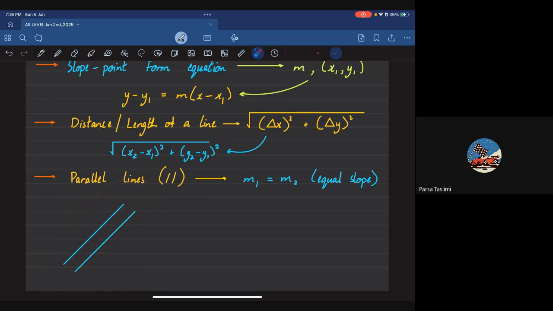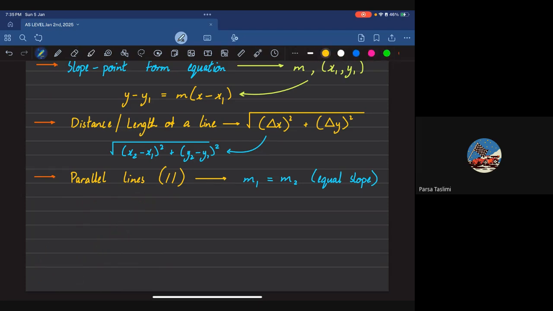Because they have the same slope, regardless of where they are, regardless of the fact that they are two separate lines, as long as they're parallel, they have the same slope. Therefore, the gradient is equal to each other.